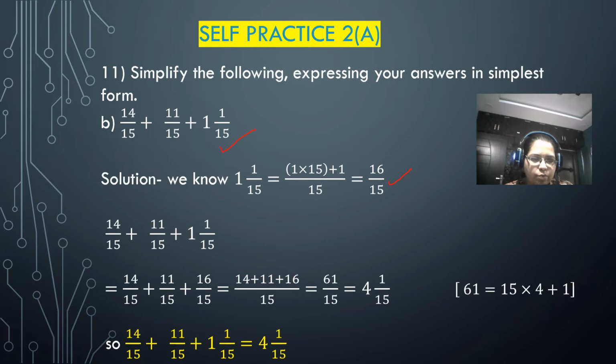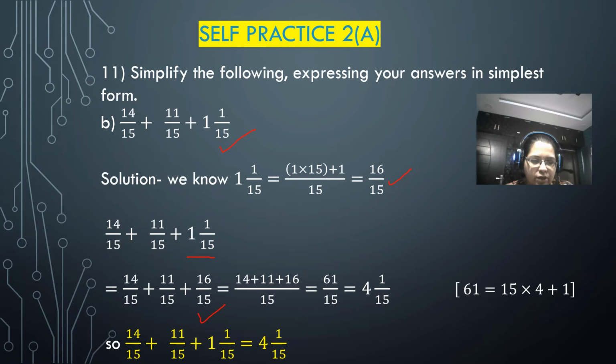Now we get 14 divided by 15 plus 11 divided by 15 plus 1 divided by 15 equal to 14 divided by 15 plus 11 divided by 15 plus 16 divided by 15. 16 divided by 15 is the improper fraction of the mixed fraction 1 divided by 15.